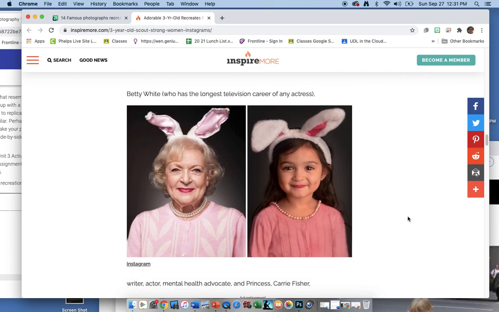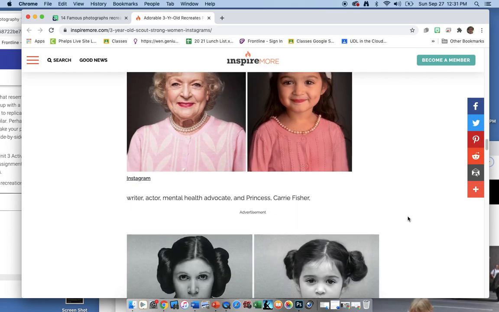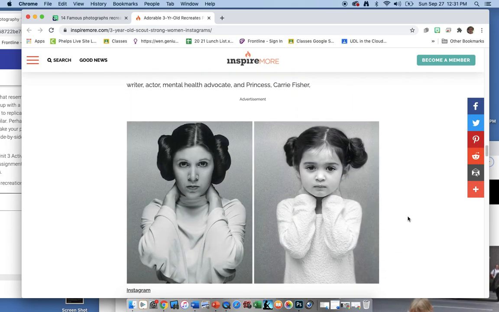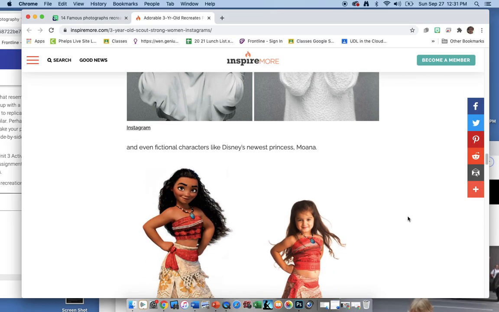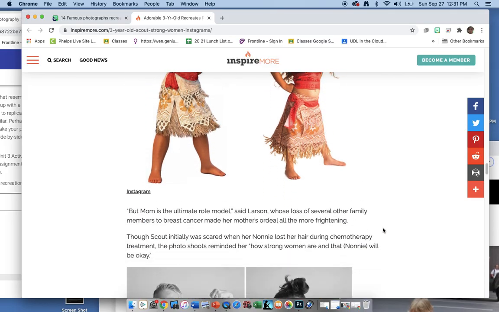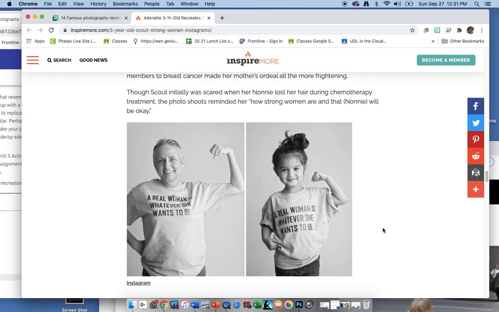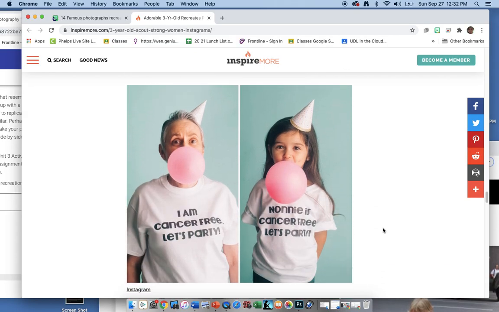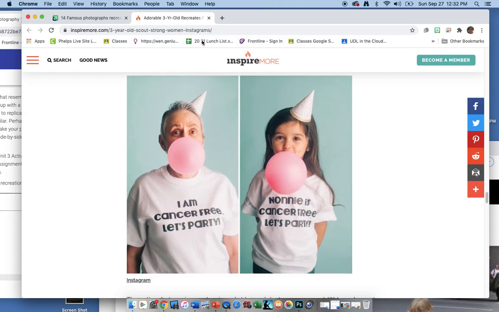Here's Betty White. All right, so she's showing her grandmother strong women, because her grandma had to do things. That one I love. That is the one I love. All right, and then cancer free. But that gives you an idea.